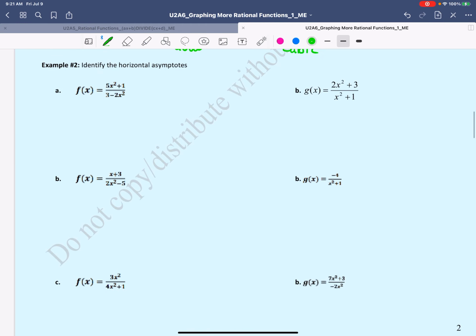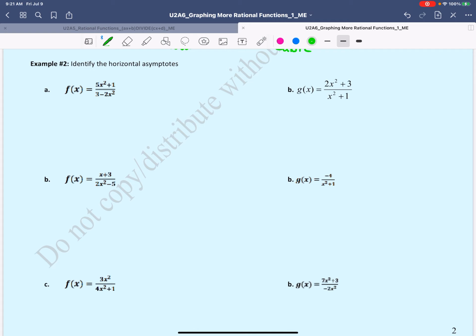So let's identify just the horizontal asymptotes in the following examples. Now, f of x equals 5x squared plus 1 over 3 minus 2x squared. So the highest degree in this function will be degree 2. It is present in both numerator and denominator, so we have quadratic over quadratic in here.